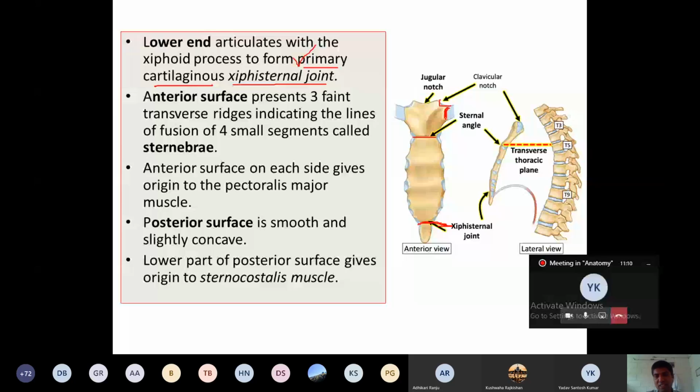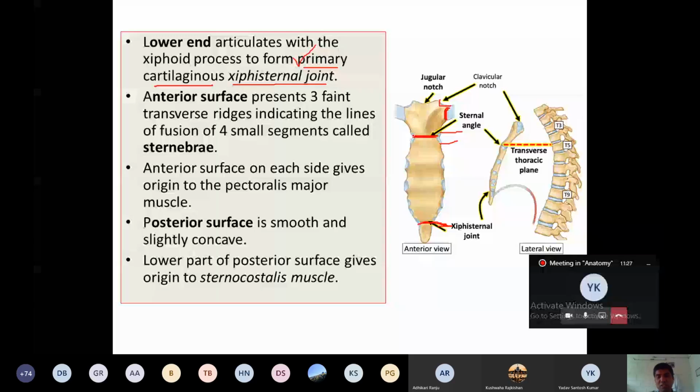Then at the sternal angle there is articulation with the secondary type, and from here onward all the lower joints between the ribs and the sternum are synovial joints. So you have to remember these varieties. And this manubriosternal joint is also known as the sternal angle.